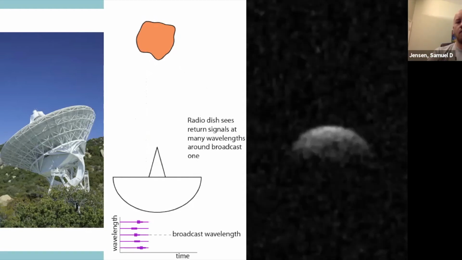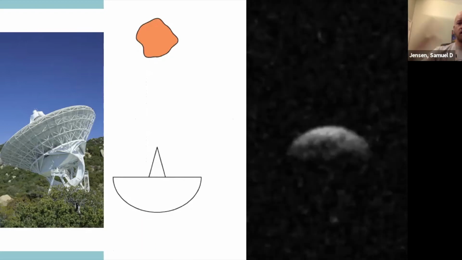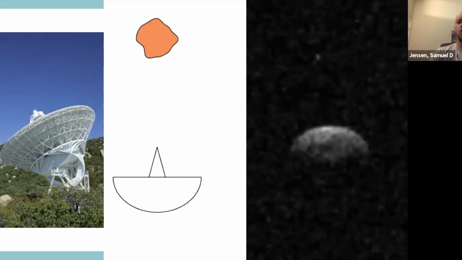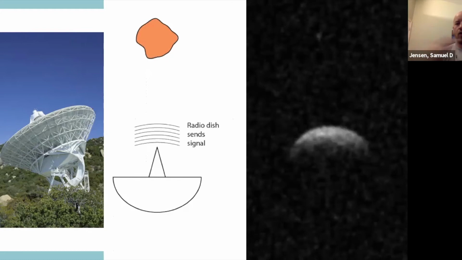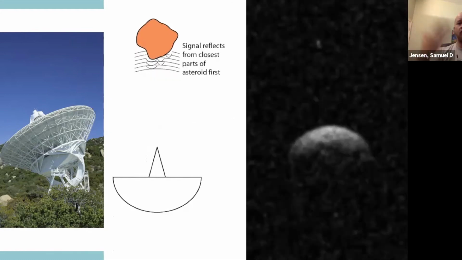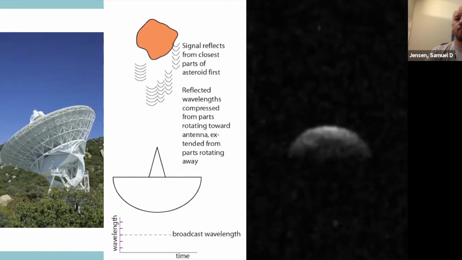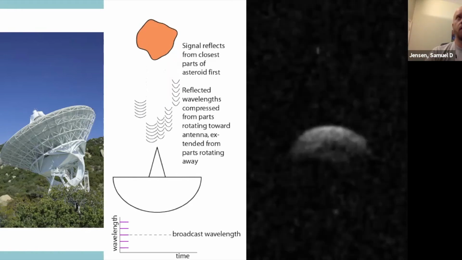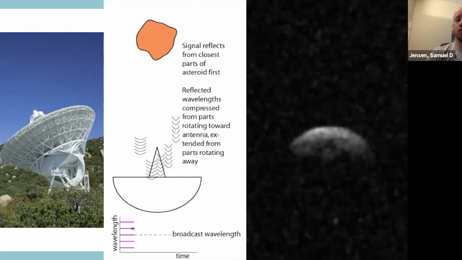within a big dish. The dish has to be big in order to collect all of the receiving information, to gather that information. Think of it like the pupils in your eye.